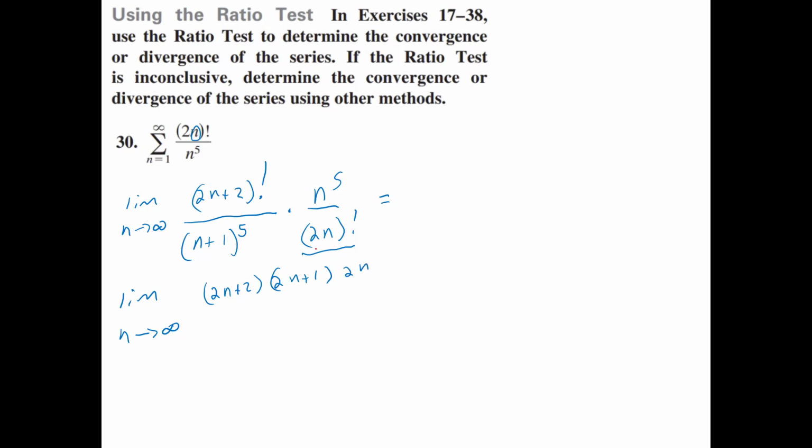But that's what's over here. So then we stop there, 2n factorial. And then we still have this n to the 5th power. And on the bottom we have n plus 1 to the 5th power, and then we have the 2n factorial. The 2n factorials go away.